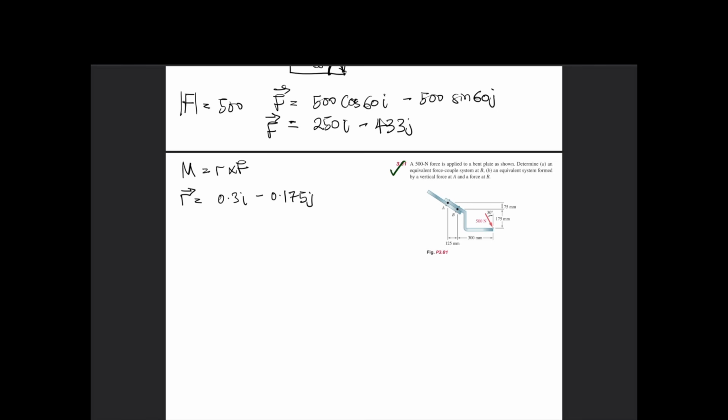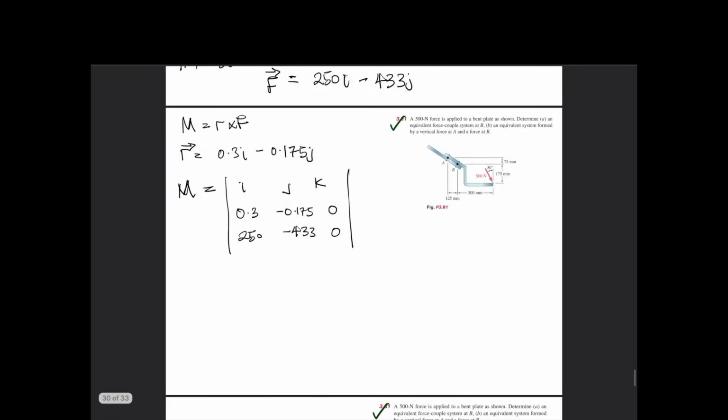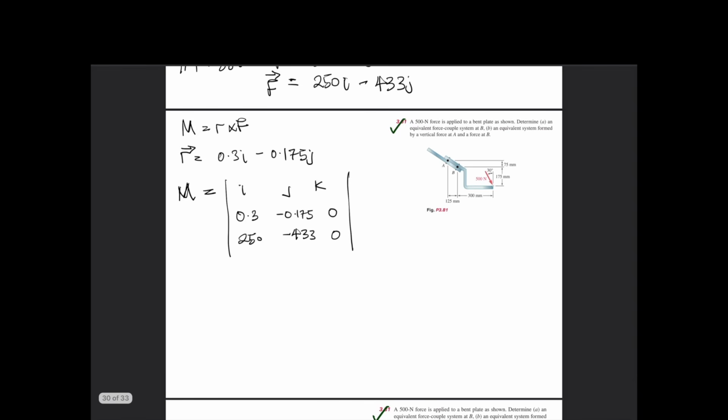Since we now have our r and we have our F, we can calculate our moments. We write our i, j, k the same way, then input our values: 0.3, minus 0.175 and 0, and our F: 250, minus 433 and 0. By observation, for our i, we cross this out and multiply.